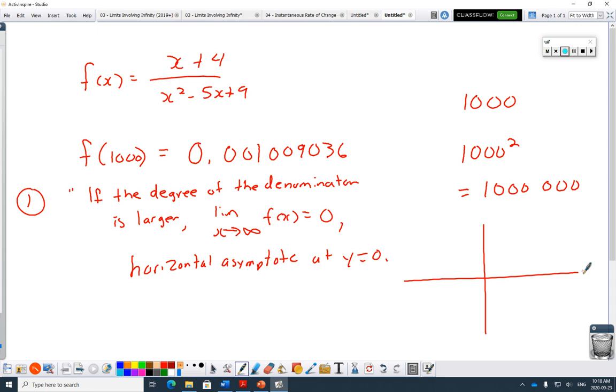All I've really discovered about this particular graph is that this function has a horizontal asymptote at y equals 0, which means if I were to draw it, I don't know what it does, but it's going to head to 0 as it goes out there. Sort of like an exponential does, but it does it on both sides. And I don't know if it goes on the negative side or the positive side. I'll have to do more work to figure that out. But it's got a horizontal asymptote at y equals 0.